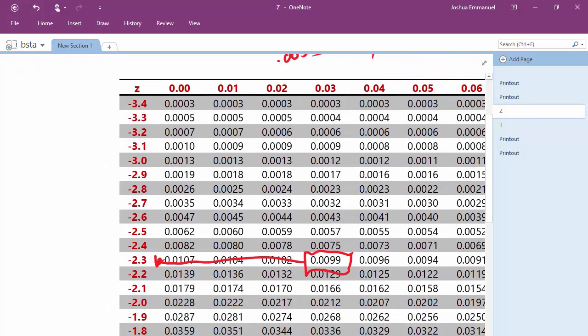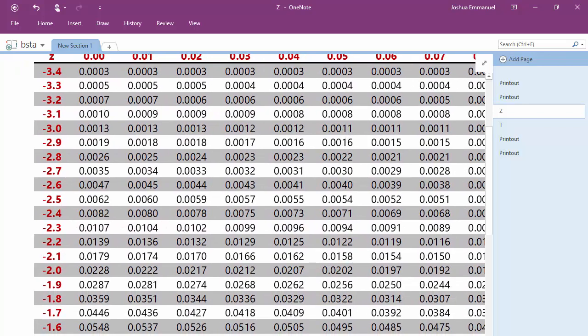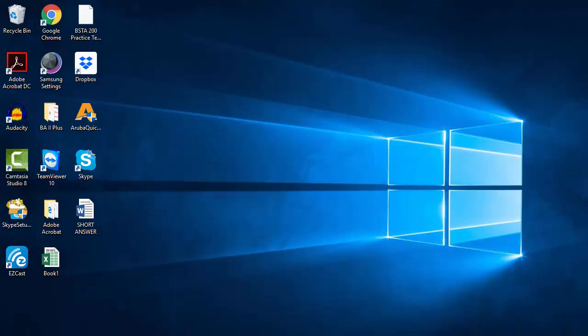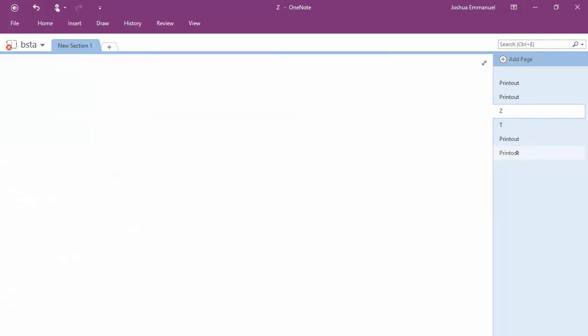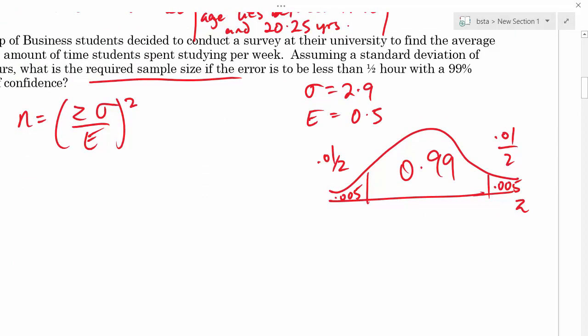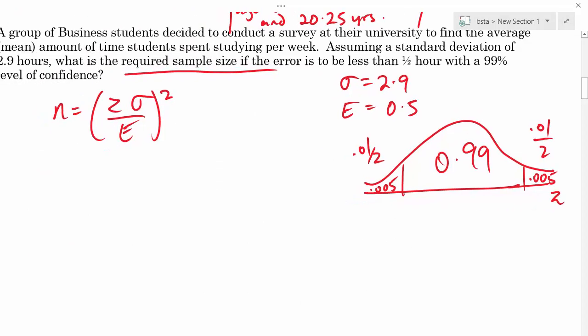We are looking for the closest to 0.005. So you can see it falls between these two numbers. It's exactly between those two, and it will be between 2.57 and 2.58. So you can say it's 2.575, or if you want to round it to 2 decimals, you can just say it's 2.58. So our Z critical value there is 2.575 or 2.58. Are we good?